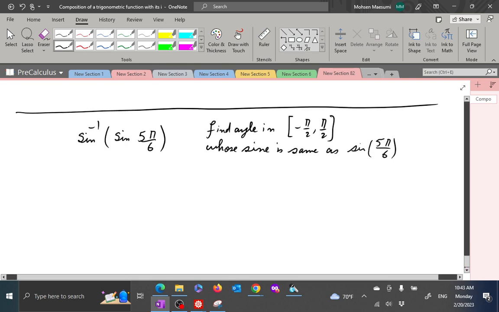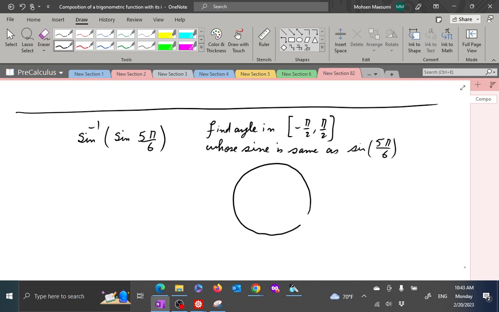Well, let's go draw this one more time. Where is 5 pi over 6? Which quadrant is it in? Well, it is pi over 6 short of pi, so it's somewhere here in quadrant 2. Here's 5 pi over 6. The question is, in this range of angles from minus pi over 2 to pi over 2, which angle has the same sine?